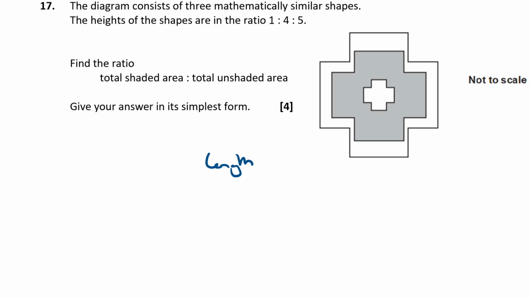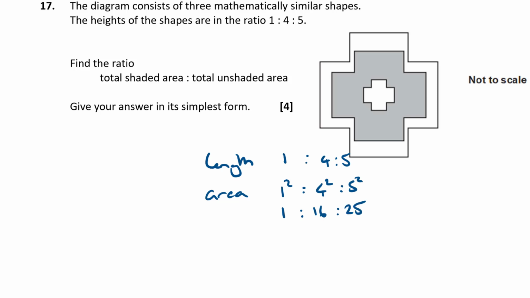When we're talking about similar shapes, if their lengths are in the ratio of 1 to 4 to 5, then the ratio of their areas is going to be the square of that. It's going to be 1 squared to 4 squared to 5 squared, which is 1 to 16 to 25.